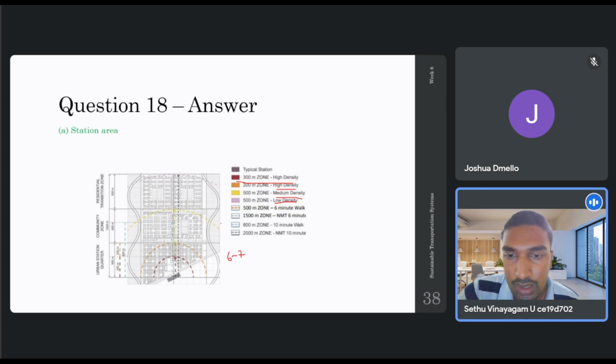As we go away from it, the floor area ratio will reduce. It will be in the range of 3 to 4 in the community zone, and 1 to 2 in the residential transition zone, right? As we can see, the density drops as we move away from the transit line. So therefore the highest FAR is in the station area, that is option A.